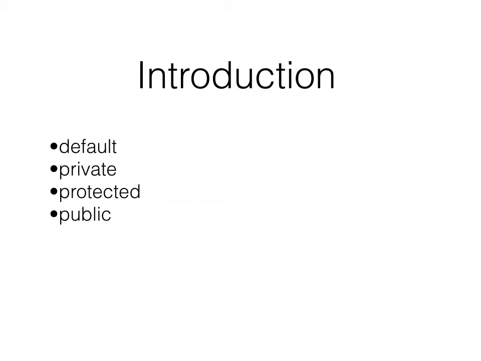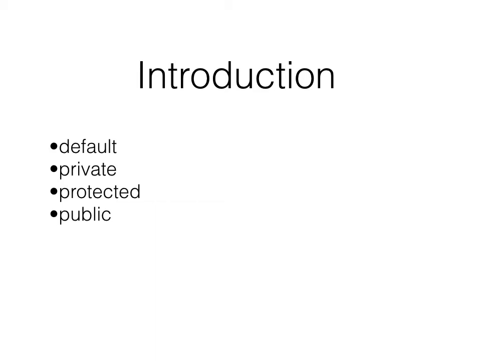Here, as we can see, we have four types of access modifiers in Java, which are known as default, private, protected, and public. Default is known as package-level access, and private is specific to a particular class.